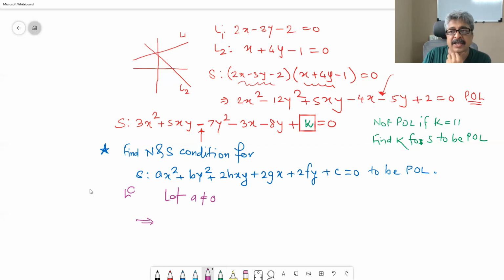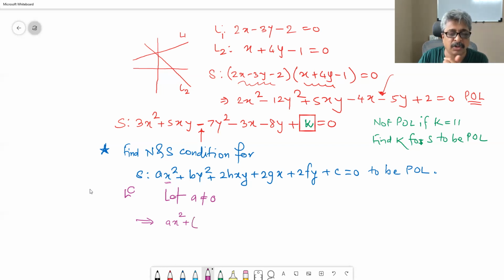We can consider it as quadratic in x, because definitely there is a degree 2 term, and we start factorizing. So ax square plus, it is quadratic in x.